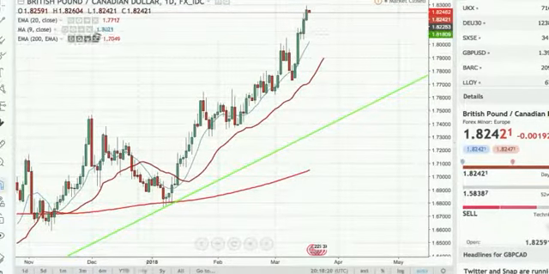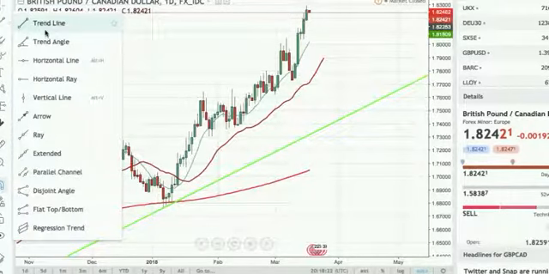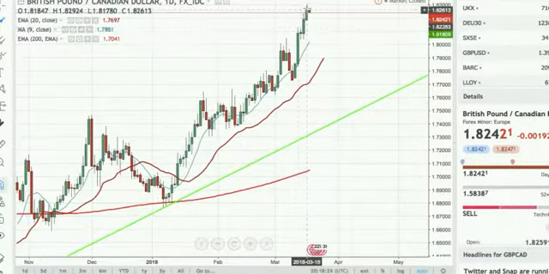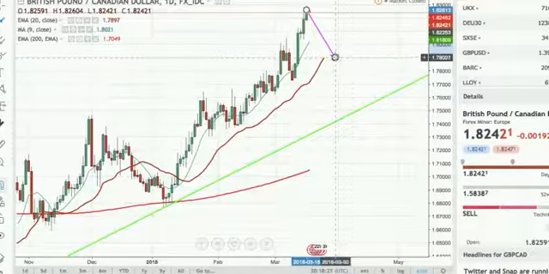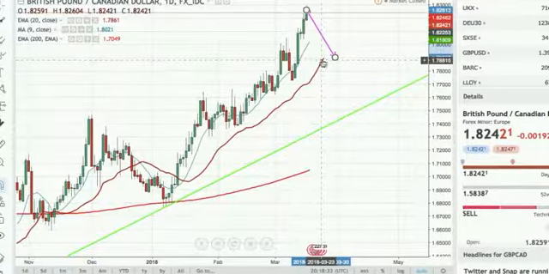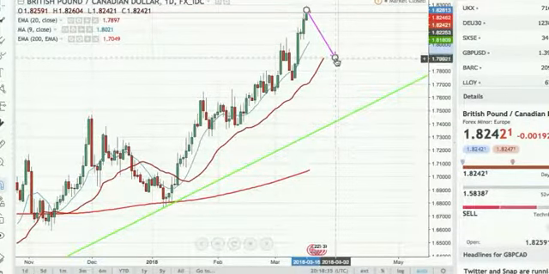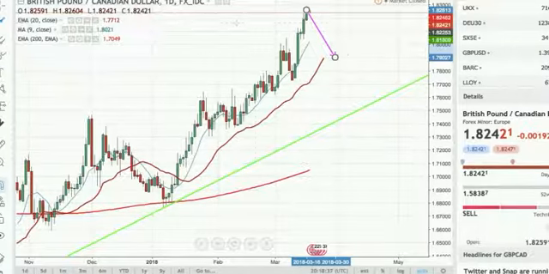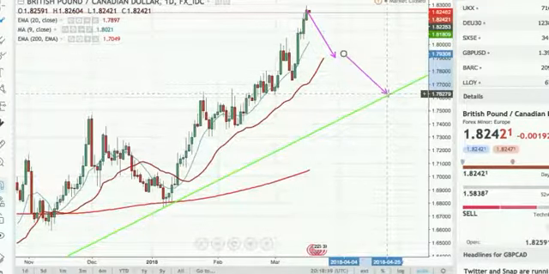So there's two things that we need to look for. We're going to look to sell GBP CAD down to this moving average of 1.78 or 1.79, and then see how price reacts there before taking it down to this trend line.